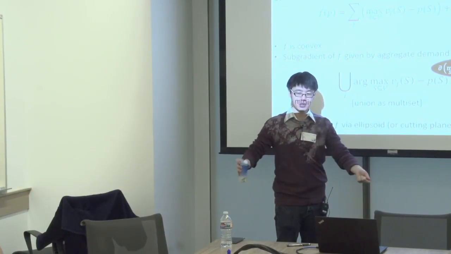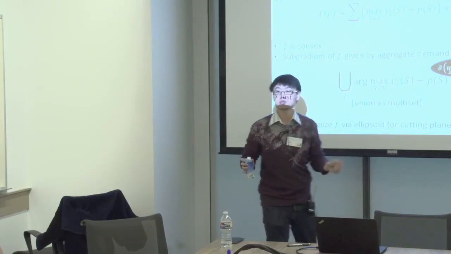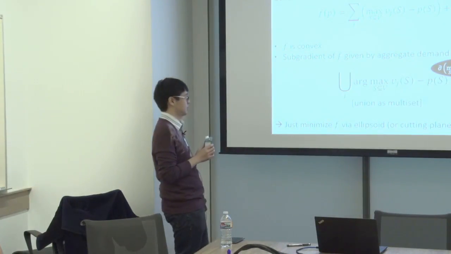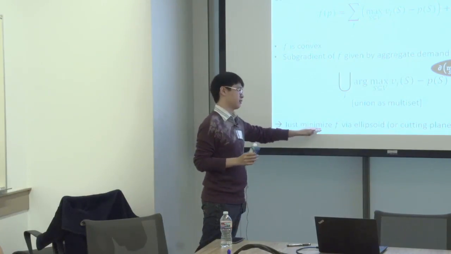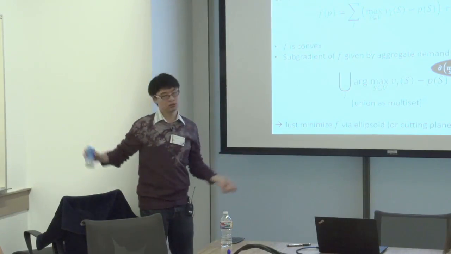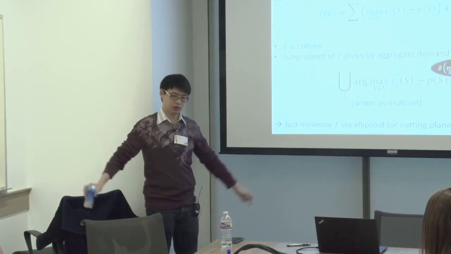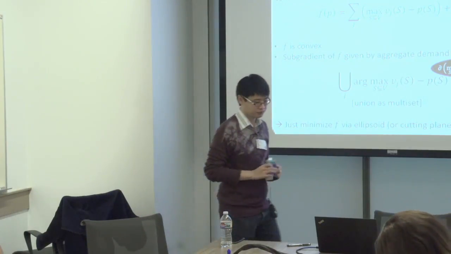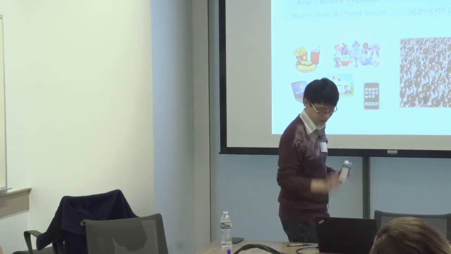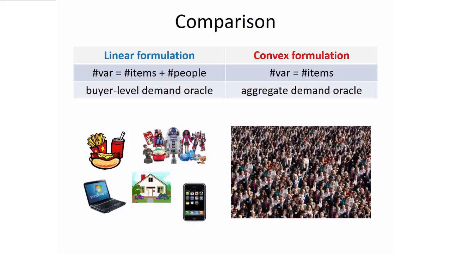You just need to know the direct sum of these solutions. And now if you have that, you can just minimize F by ellipsoid, or you can also use a first order method like subgradient descent. And that kind of bypasses the issues that we talked about.